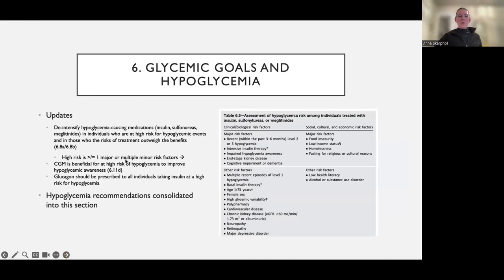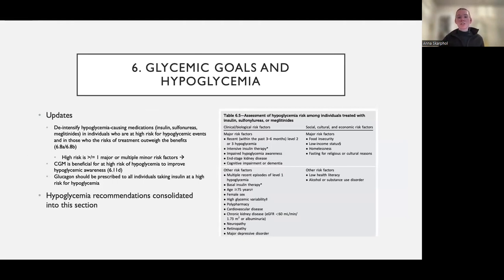Moving on, there was a couple updates in this section, mostly talking about de-intensifying those hypoglycemia causing medications like I brought up before, things like insulin and sulfonylureas. Especially if patients are at high risk. And so table 6.5 in the guidelines brings up what is a high-risk individual with hypoglycemia.